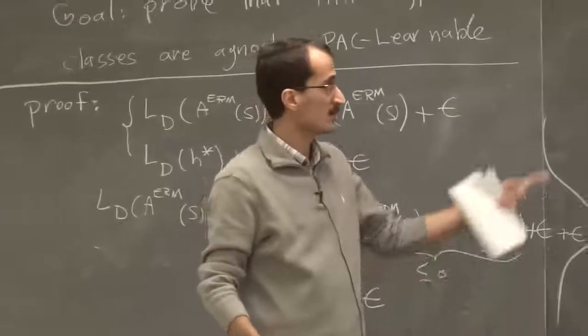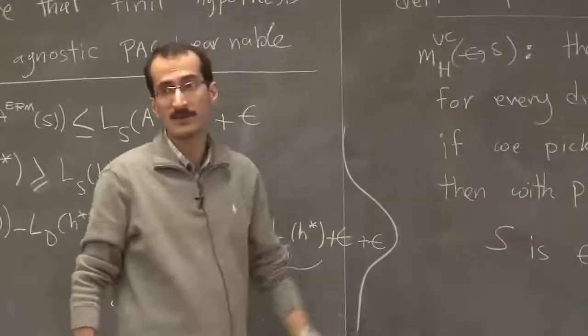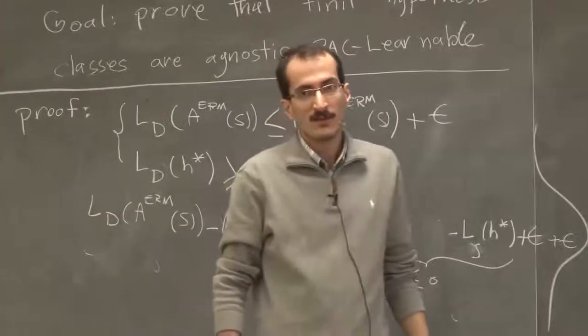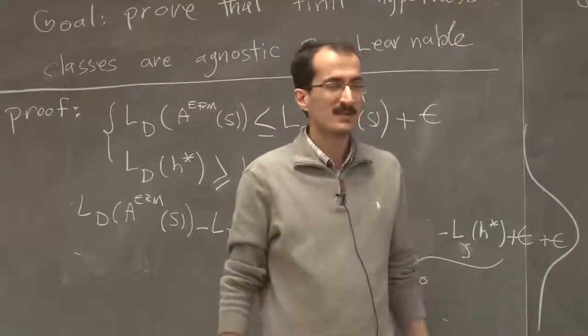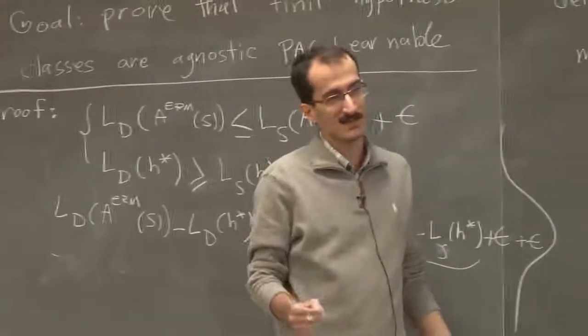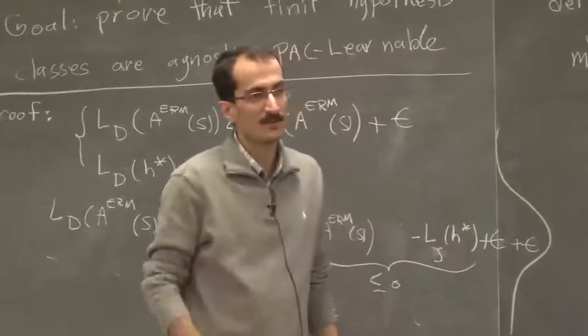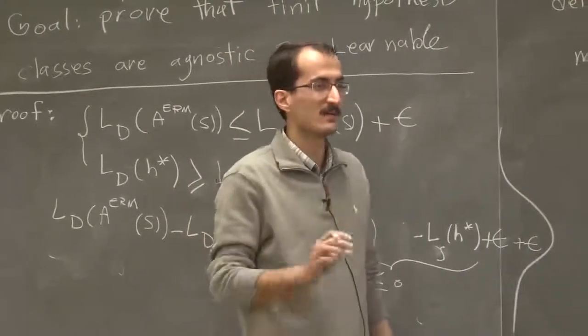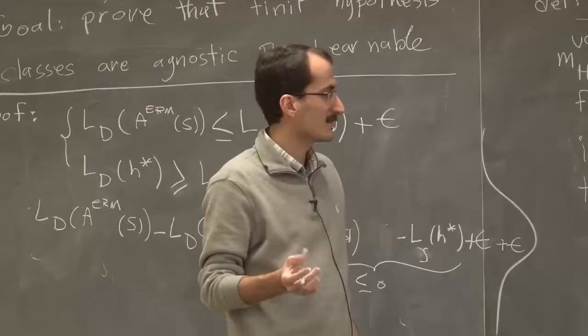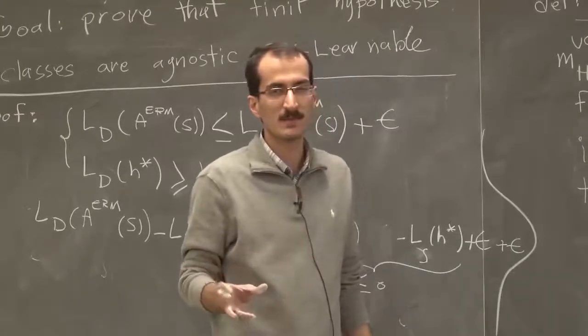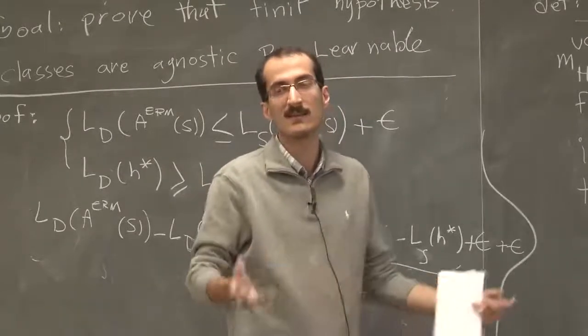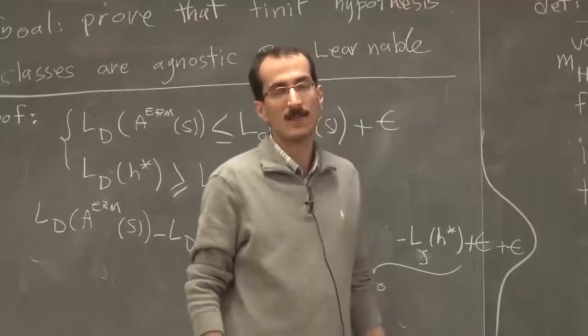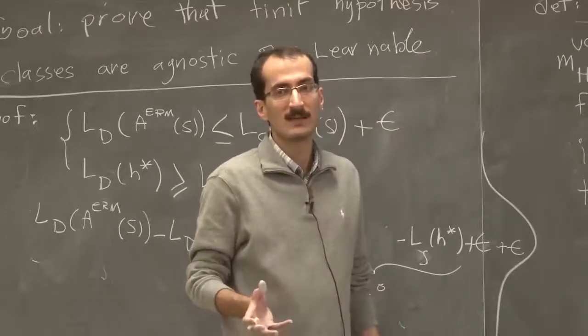But there is also one confidence parameter, because even if you have many, many samples, it could be the case that sometimes you have one sample that is not epsilon representative. You don't want to say that this thing is not working.